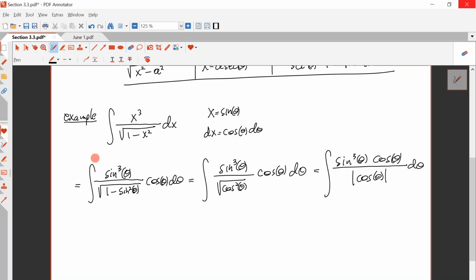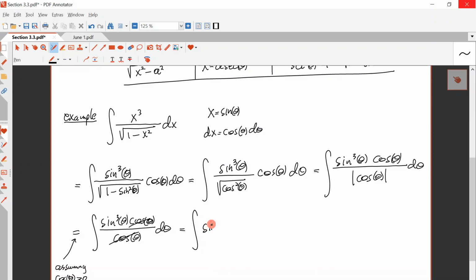All right, so assuming cosine of theta is already positive, this becomes the antiderivative of sine to the third theta cosine theta over just cosine theta, because it's already positive, so the absolute value of cosine theta is just cosine theta.